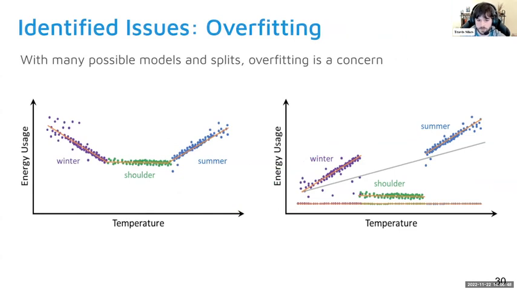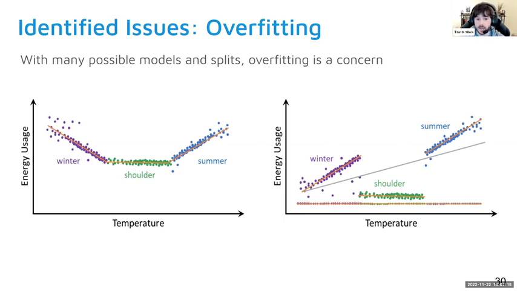So I mentioned overfitting, and this becomes a serious problem at this point, because you have to actually think it's not just about combining these things together, because we as people, we're very good at picking out patterns. It's hard to teach the computer to do the same thing in an intelligent way. So for us, when we look at this left plot, we would say, yeah, that fits great with one single model where it has a cooling degree day and a heating degree day.